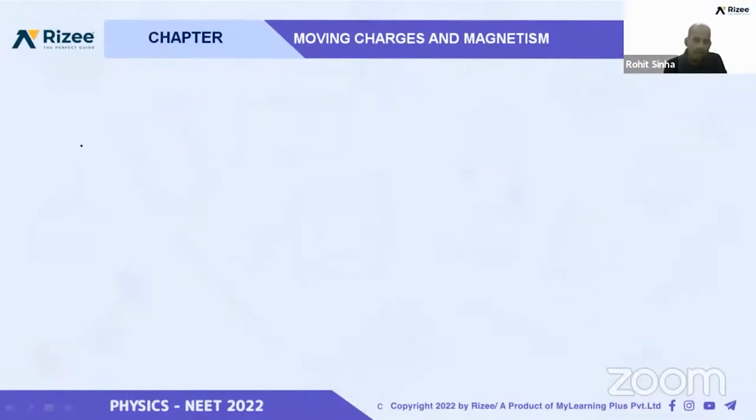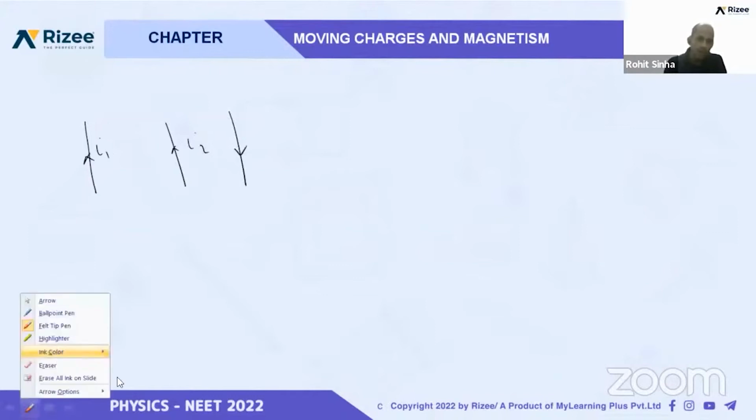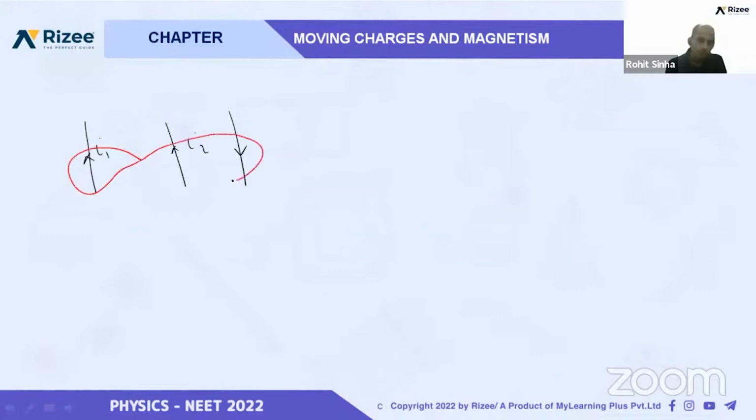Suppose we have some currents I1, I2, I3, and we have taken one Amperian loop like this. We have to find the magnetic field.